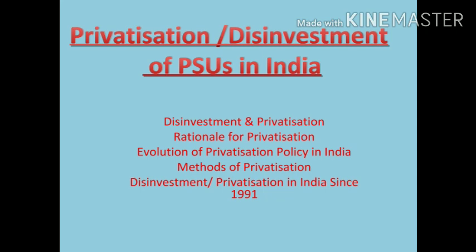Two, the rationale for disinvestment, or what is the main logic or the reason behind disinvestment? Third, how did this disinvestment policy or privatization evolve in India? The fourth, what are the methods through which privatization or disinvestment takes place?